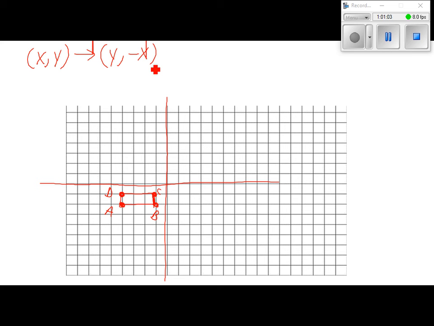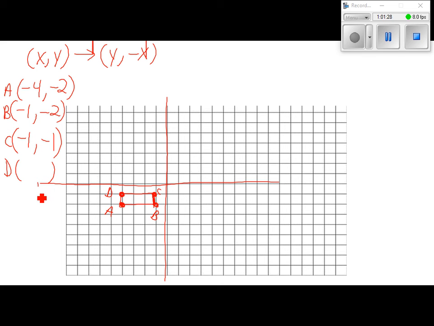So we're going to take each one of those points that you just told me there. A was -4, -2, is that right? B was -1, -2. C was -1, -1. D was -4, -1.